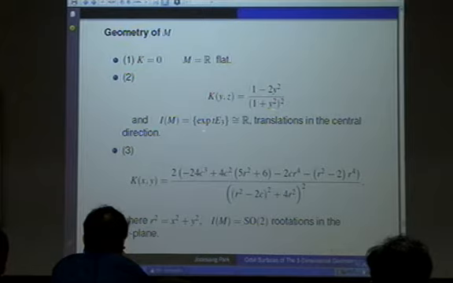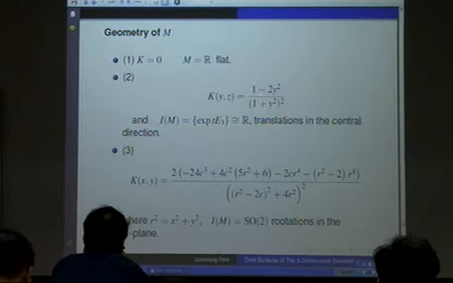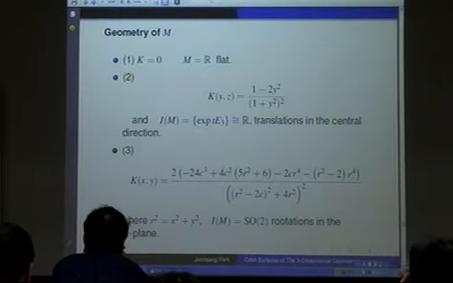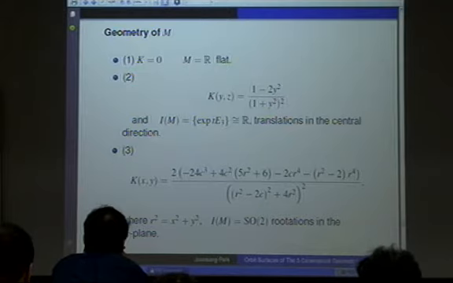Here there is no y appearing, that means it has a one-dimensional symmetry, especially in the y direction. So the isometry group of the base manifold is of this form: translation in the central direction gives the isometry group.